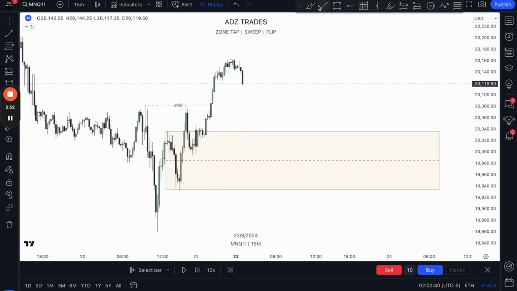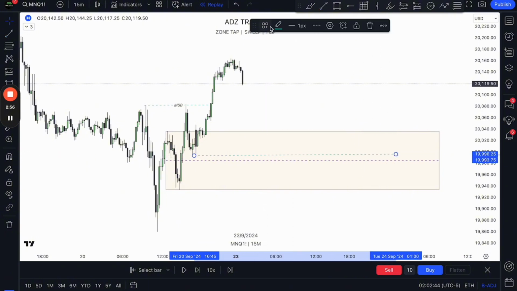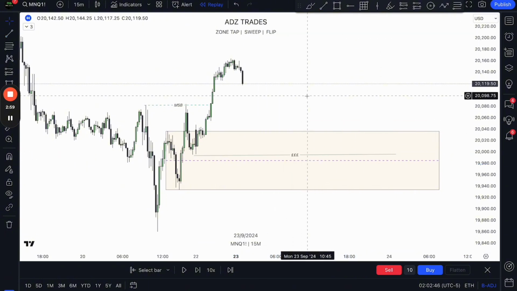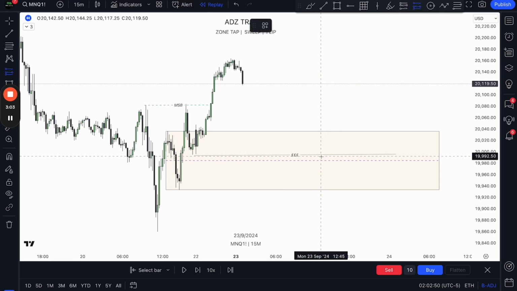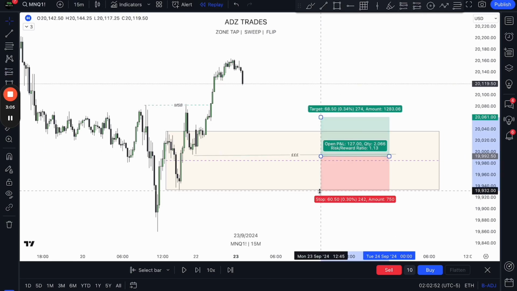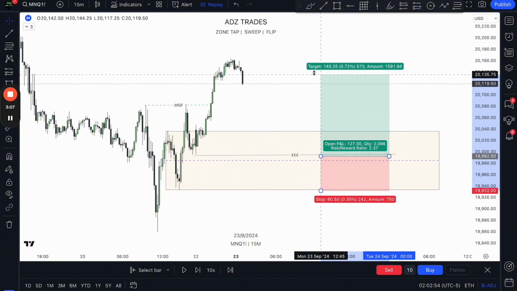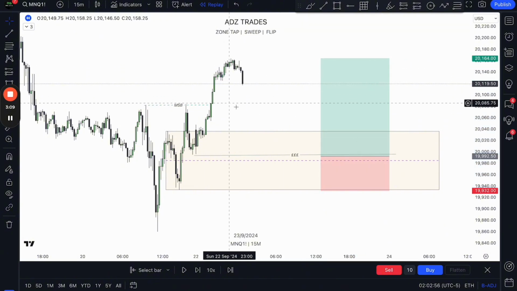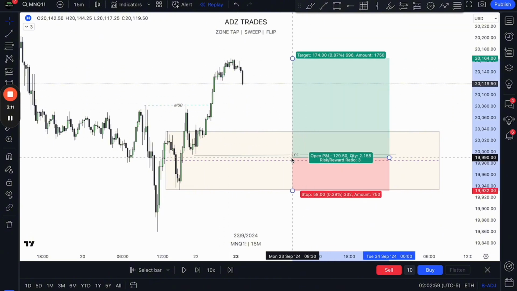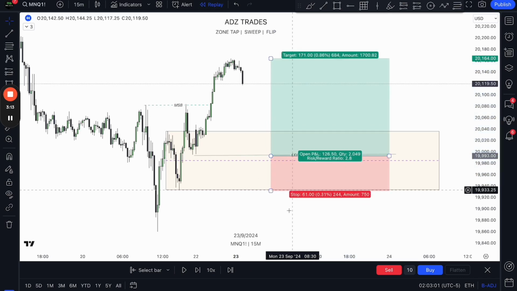This demand is here, and we can see now this becomes liquidity, where a lot of people have incorrectly put their demand, and we can stop them out before taking our position. So I will enter just under this liquidity in this demand zone, stop loss slightly below, and again I'll just target this higher high, giving me a nice almost 1 to 3 risk to reward.